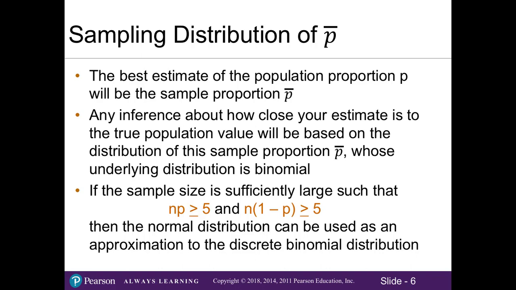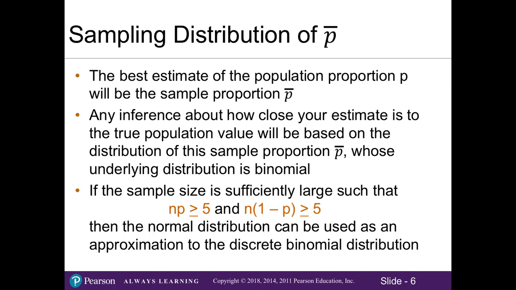Another thing to note is the sample size as it relates to our sampling distribution for p bar. When we talked about sampling distributions for the mean, or x bar, the conservative rule of thumb was we needed a sample size of 30 or more.